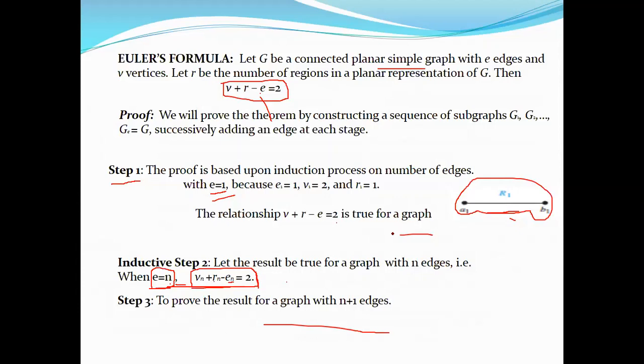It must be a connected graph: there is a path between every pair of vertices. It is a planar graph: no crossover of edges. It is a simple graph: without any loop or parallel edges. Then this combination is always satisfied: V plus R minus E equal to 2.